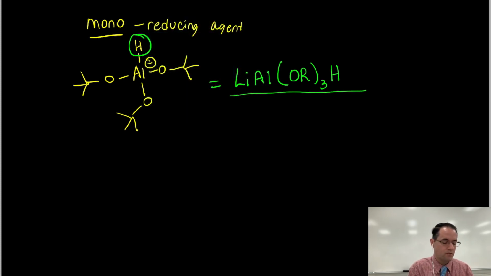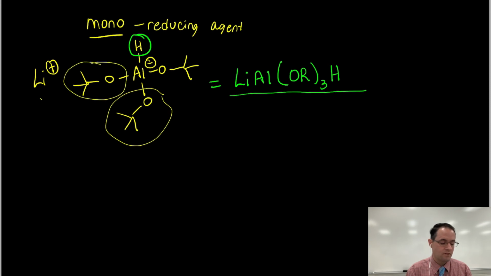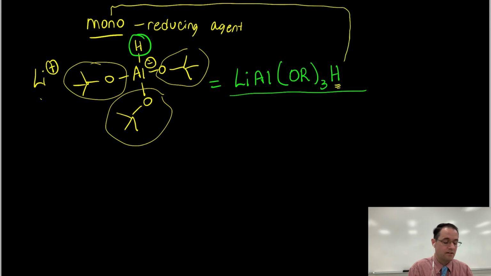There's a lithium ion floating around to counter the negative charge on the aluminum. So there's the lithium, there's the aluminum, then 3 OR groups, and at the very end is an H. The easy way to remember that this is a mono-reducing agent is that there's just one hydrogen shown in the formula.